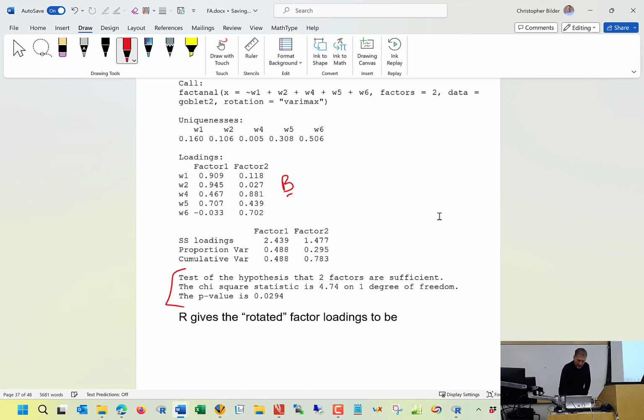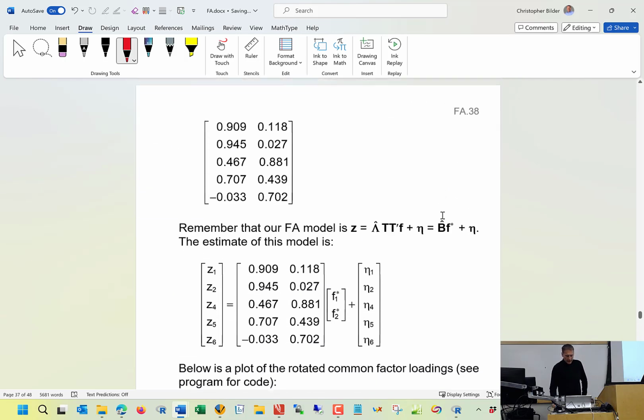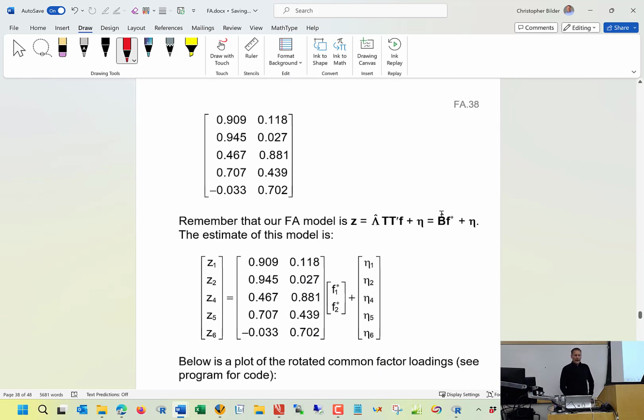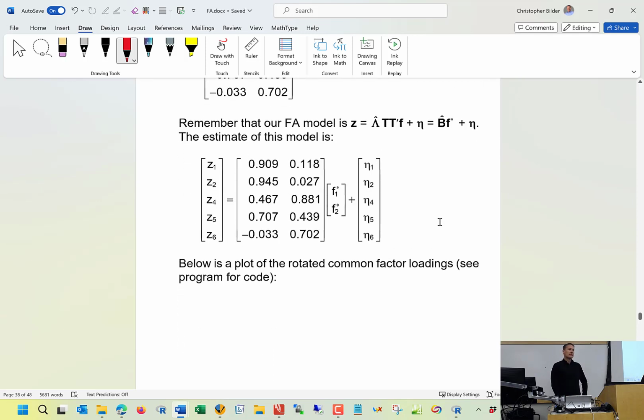Note that the hypothesis test that we talked about 15 minutes ago, those results will always remain the same. So don't worry, don't think that that's going to change. And so if I were to write out now my factor analysis model using a varimax rotation, this is what I would get. And this is a very common question that I would ask on a test.